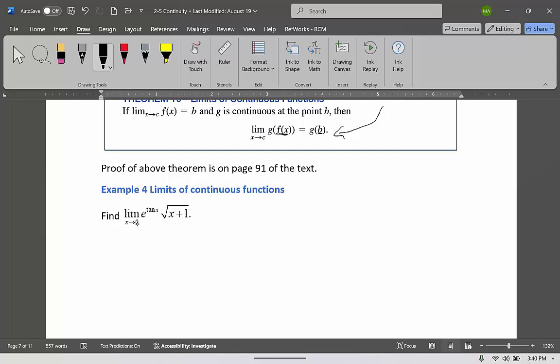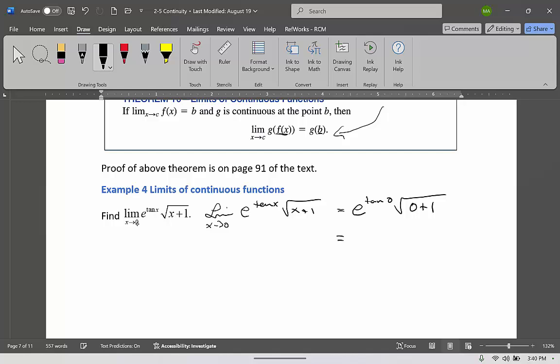And we know that if a function is continuous, then its limit should equal the value of the function. And therefore, the limit as x approaches 0 of this function, e to the tan x times the square root of x plus 1, should be able to be evaluated by just plugging in e to the tangent of 0 times the square root of 0 plus 1.